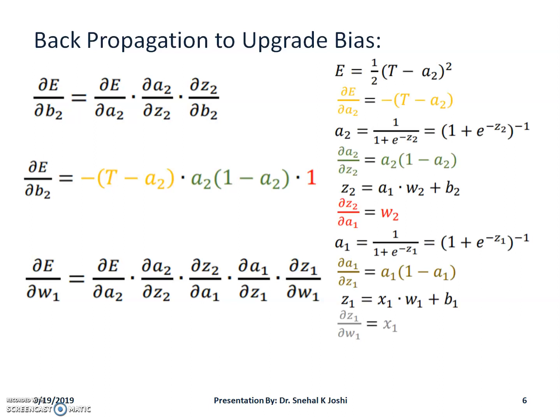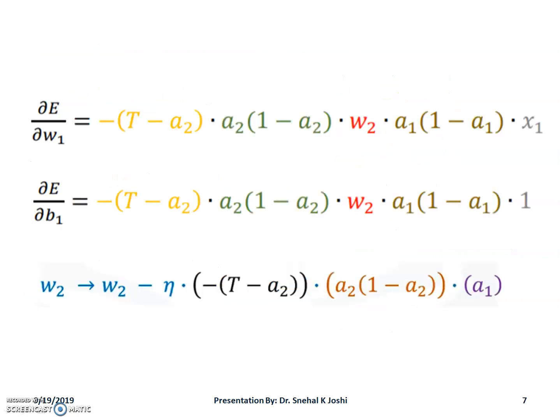So, you can see that the derivative of the error with respect to W1 can be obtained as the product of the derivative of E, which is a function of A2, the derivative of A2, which is a function of Z2, the derivative of Z2, which is a function of A1, the derivative of A1, which is a function of Z1, and the derivative of Z1, which is a function of W1. By simplifying this, we obtain the derivative of error E with respect to weight W1 of the first node, and similarly the derivative of E with respect to bias B1 of the first node.